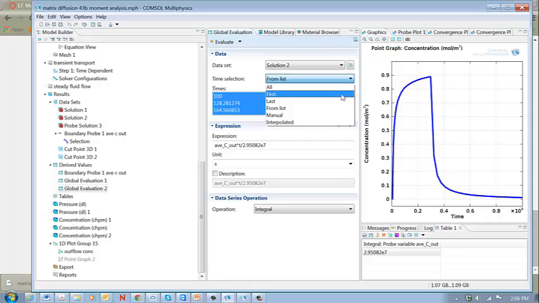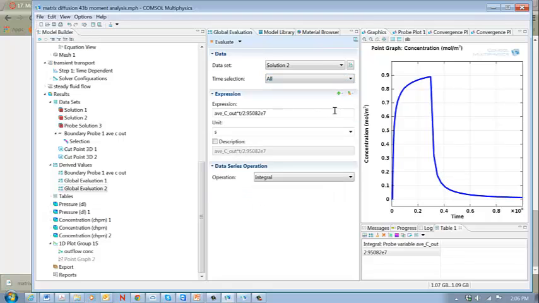And here I'm going to select all, and I'm going to evaluate this. And this is now the mean residence time if I include the tail out to 10 to the 9th seconds, and it's 3.6, say 3.7 e to the 7th.